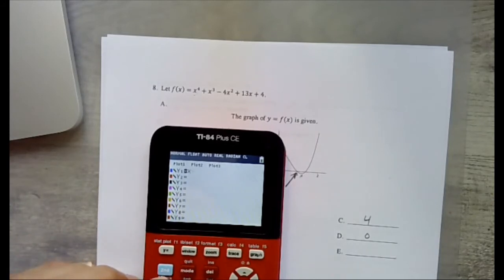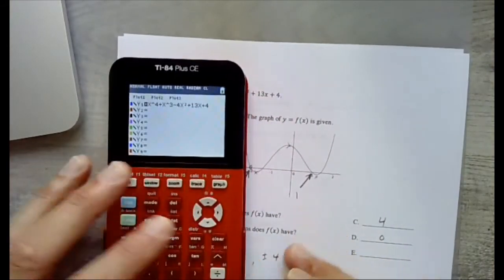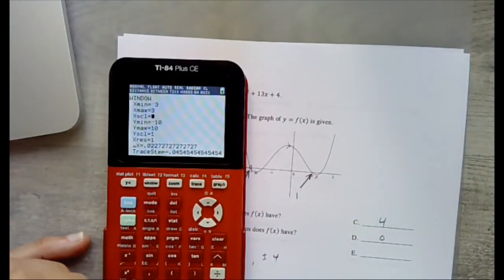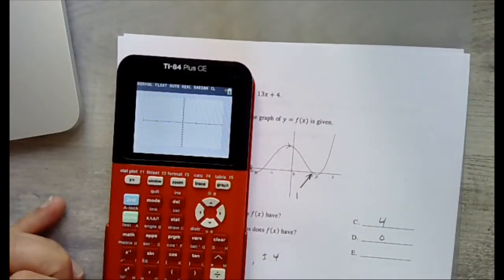So x to the 4th power plus x to the 3rd power minus 4x squared plus 13x plus 4. Okay, so if I graph this in this window, it looks like I can probably go from negative 3 to 3, and I think probably negative 10 to 10 might be reasonable. Oh yeah, I could tell I screwed this one up.